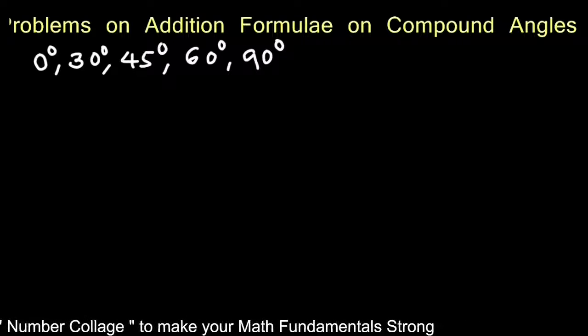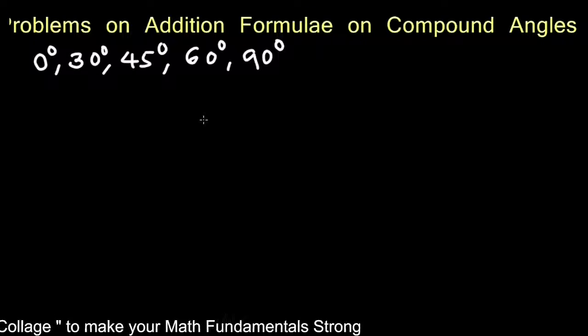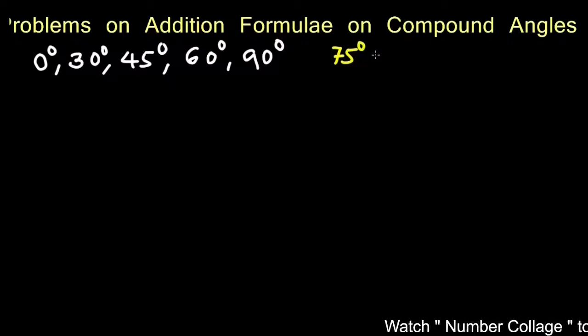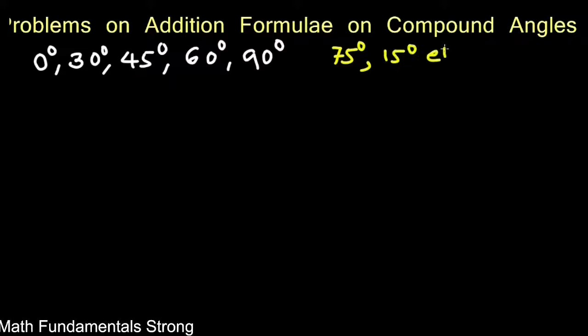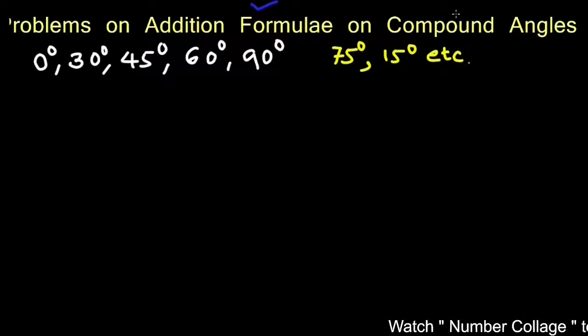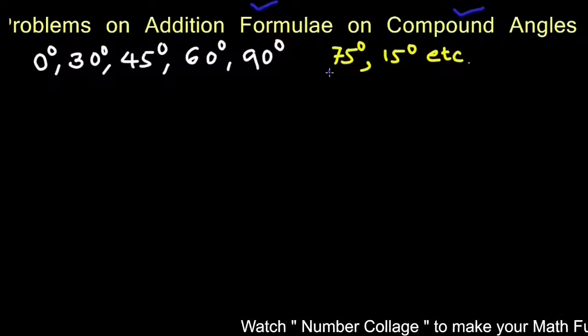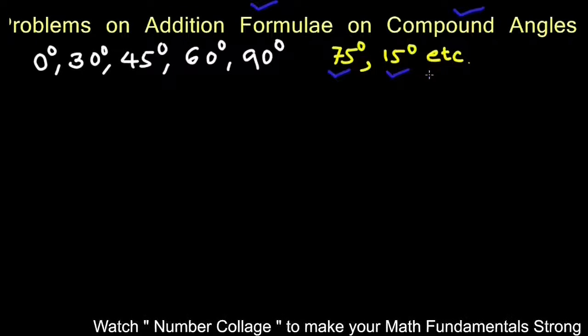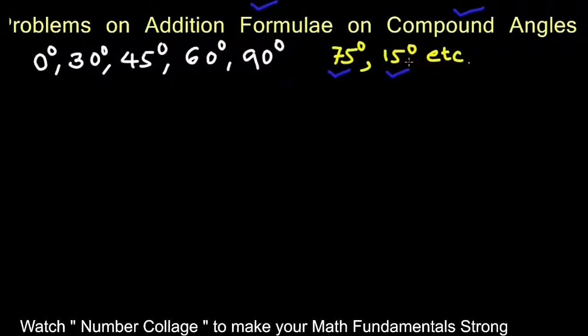But we haven't seen how to find trigonometric values of non-standard angles such as 75 degrees, 15 degrees, etc. So with the help of addition formulae on compound angles, we are able to find out trigonometric values of 75 degrees, 15 degrees, etc. Let us see how.